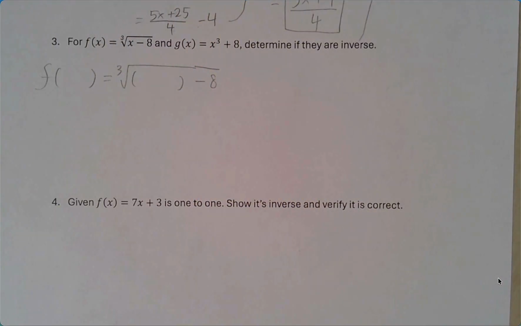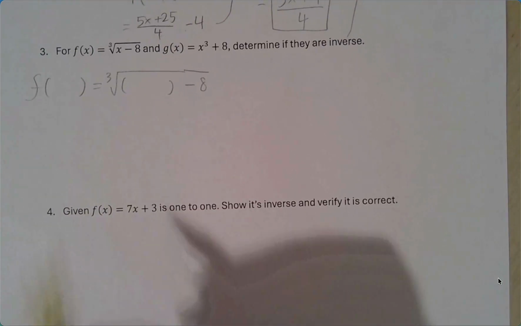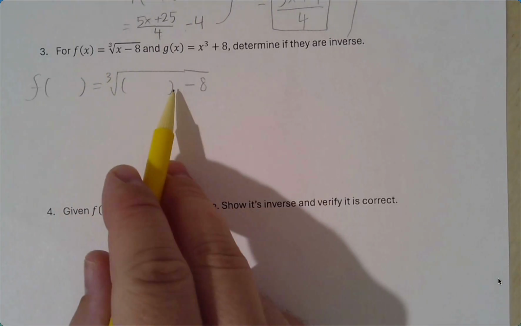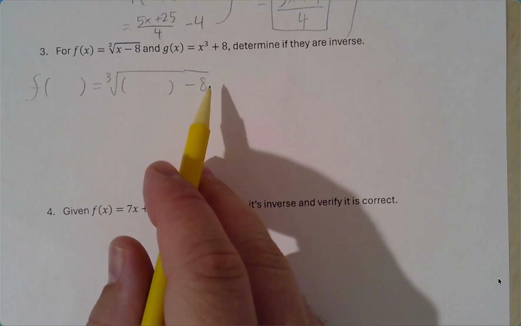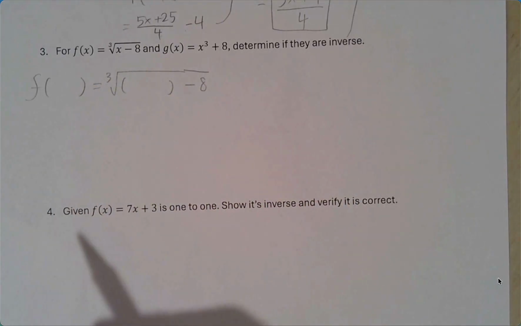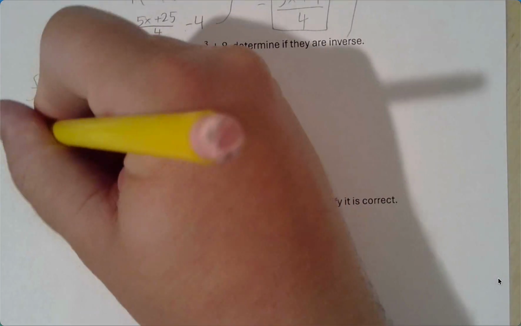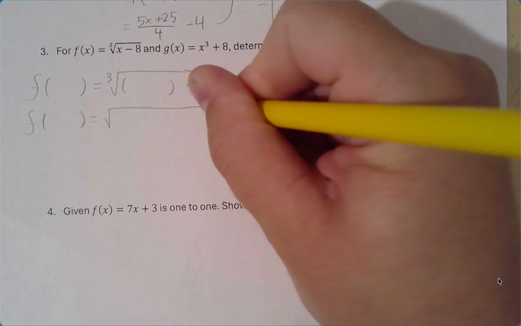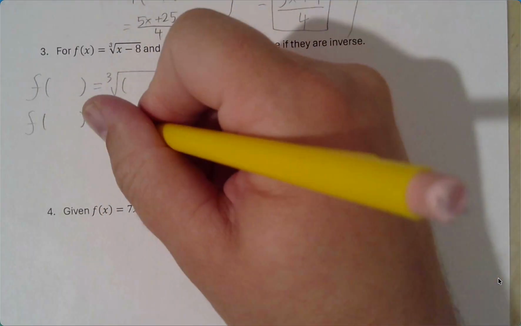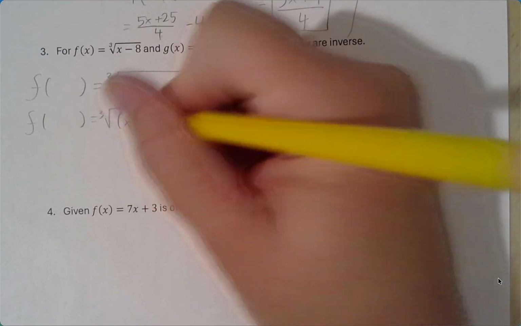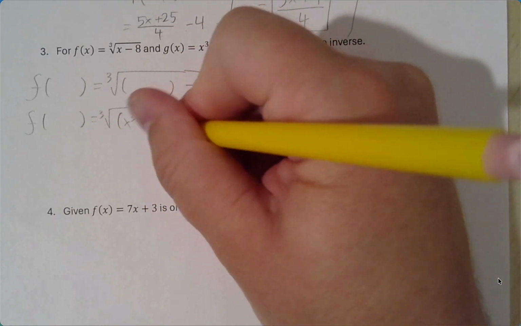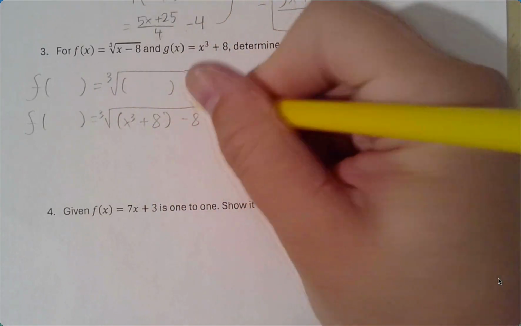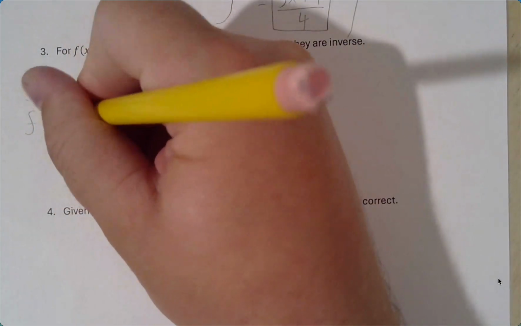This is the skeleton of f, that inside a square root, whatever you plug in will be subtracted by 8, and then, sorry, not square rooted, but cube rooted after the fact. All right, well, let's fill that in. There we go.